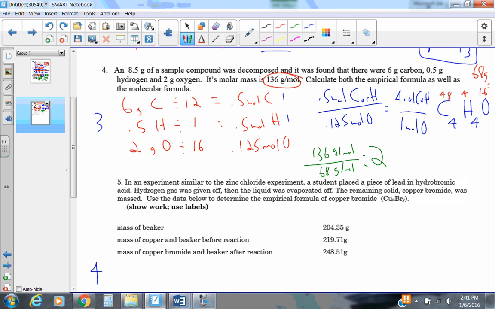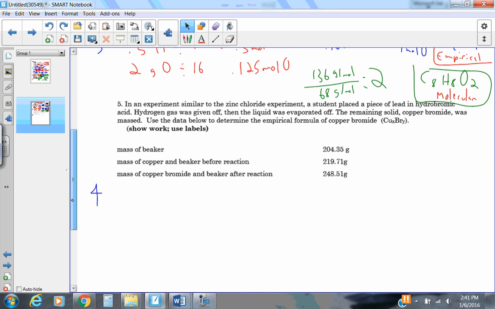Really, we have to have twice as much of everything. So our empirical formula is C4, H4, and 1 oxygen, but our molecular formula has to be the same ratio, but twice as much of everything: C8, H8, O2.